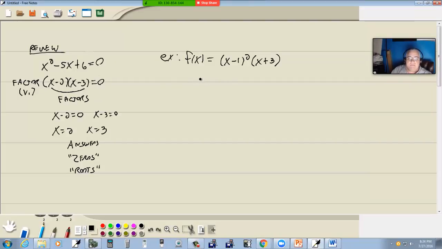Well, that's what we do. So we've got x minus 1 squared times x plus 3, set equal to 0. Now it's already factored, so I'll set each factor equal to 0. So I got x minus 1 equal to 0, and I got x plus 3 is equal to 0. Which gives us x equals 1 and x is equal to negative 3. These are our zeros.